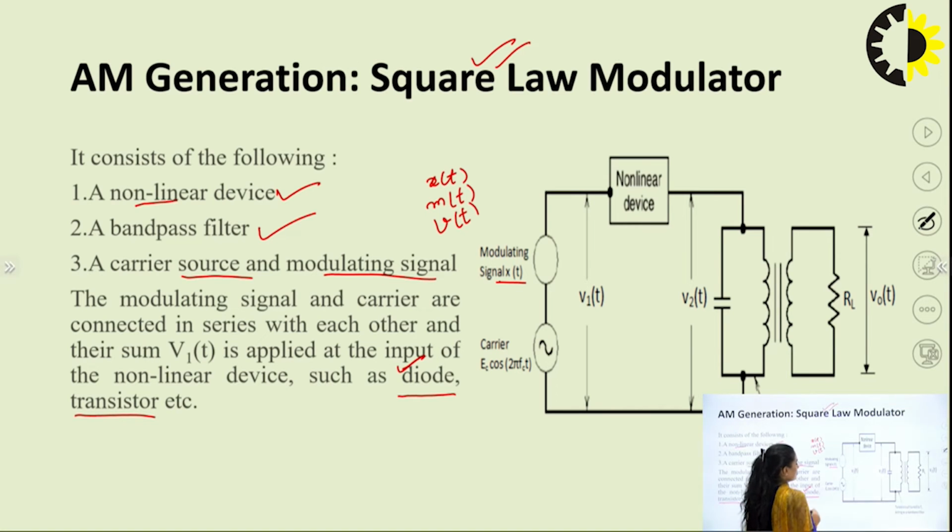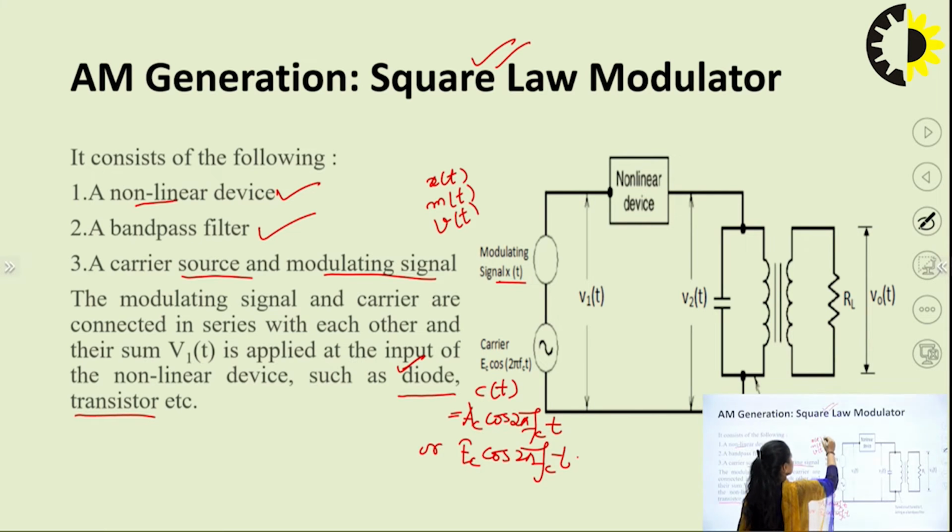So modulating signal, and the carrier is usually represented with ct, which is represented as Ac cos 2 pi fct, or here it is represented with Ec cos 2 pi fct. This can be represented as Am cos 2 pi fm t. Right?